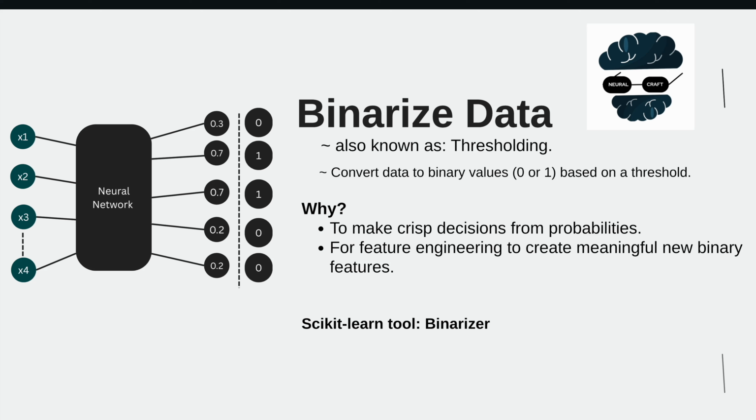So here we are going to decide a number below which, and equal to which, we are going to assign all the values to be 0, and above the threshold we are going to assign 1. To make the information more relevant and to make crisp decisions, we can use binarization.